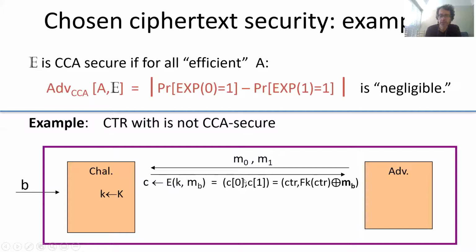It's a counter, so C0 is a counter, and block number 1 is FK of counter XORed with MB. Yeah, that's counter mode.